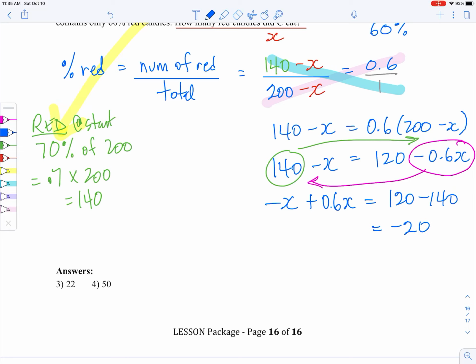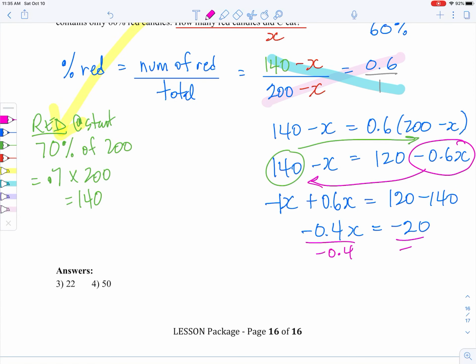On the left side, it's really like minus 1 plus 0.6, so it's going to be minus 0.4x equals minus 20. Divide both sides by minus 0.4, and we get that x equals 50.